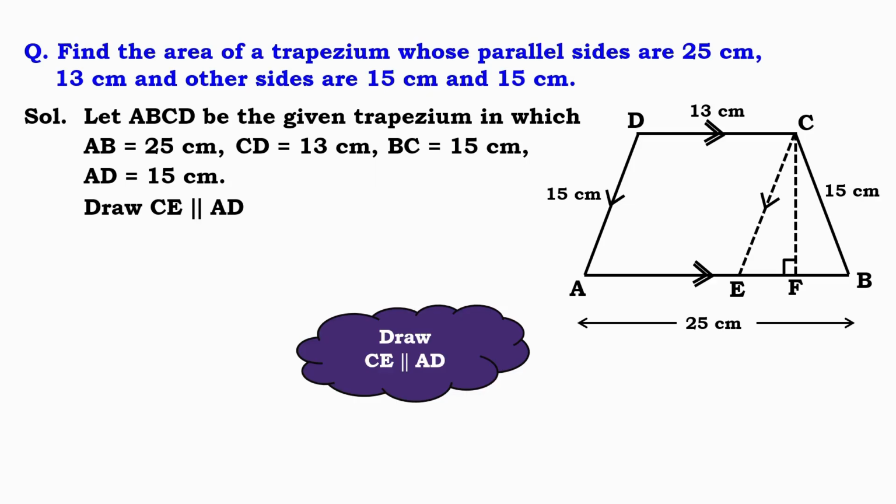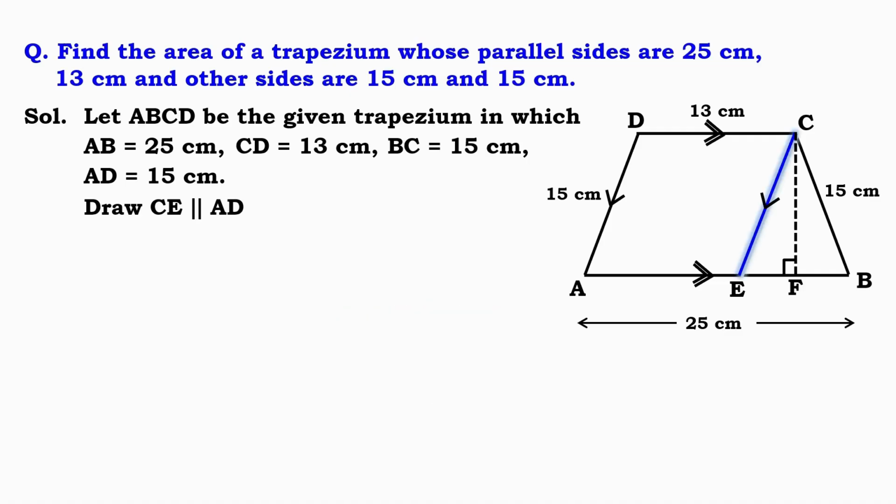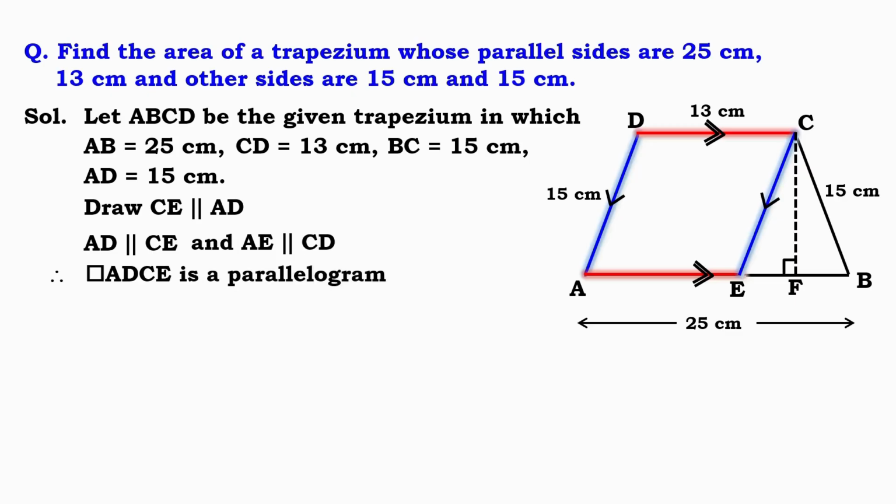So now, since we draw CE parallel to AD and AE is parallel to CD, that is already given, right? So we can clearly see that quadrilateral ADCE is a parallelogram.